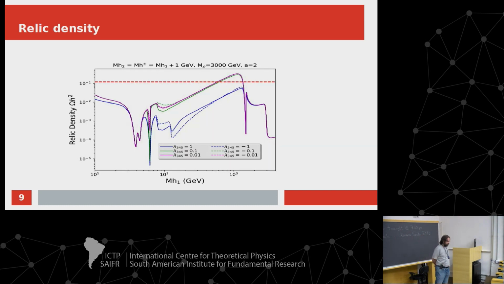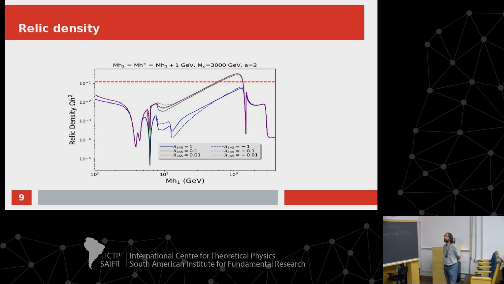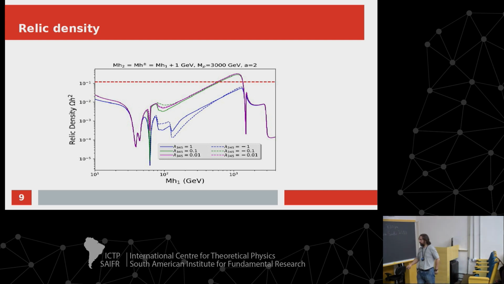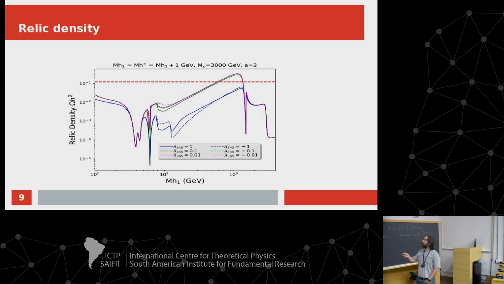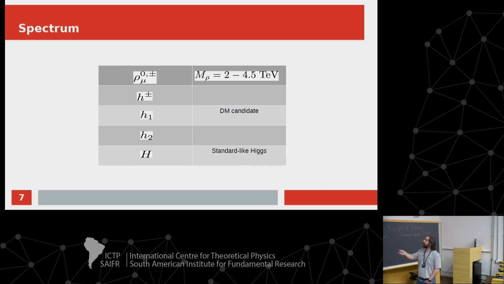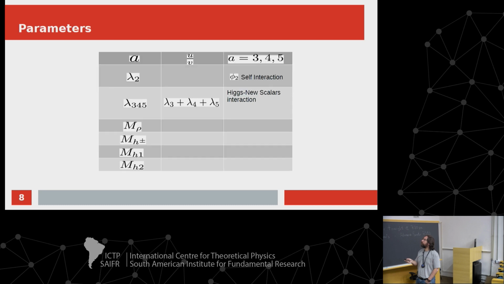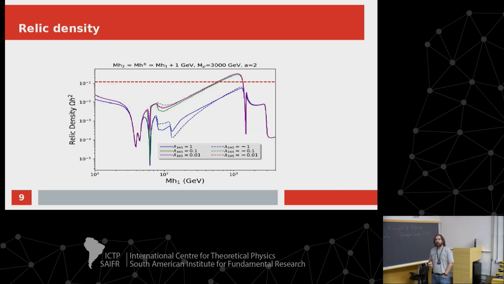Now, we compute the relic densities in this model, and for the low mass range, our candidate for dark matter is H1, as in the inert doublet model. Are you permitting somehow crosstalk between H1 and H2? Because through sigma, you should be able to write down terms that mix them.